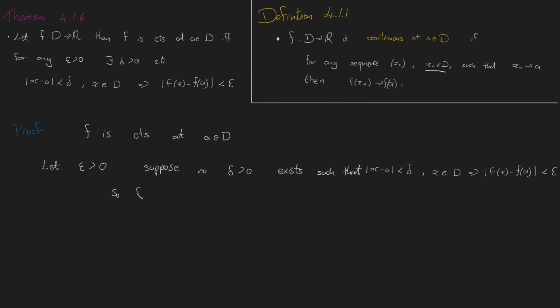And so for any delta greater than 0, there exists x lying in the domain, which is within delta of a, and the condition that |f(x) − f(a)| is less than epsilon is false, which can only mean that |f(x) − f(a)| is greater than or equal to epsilon.